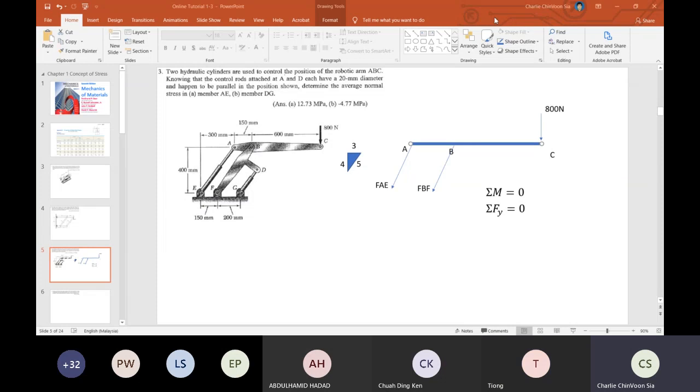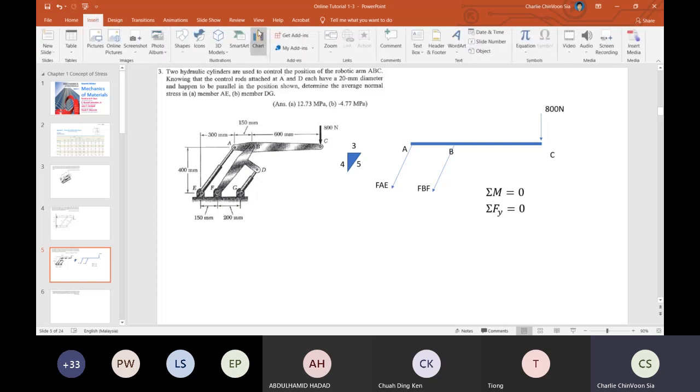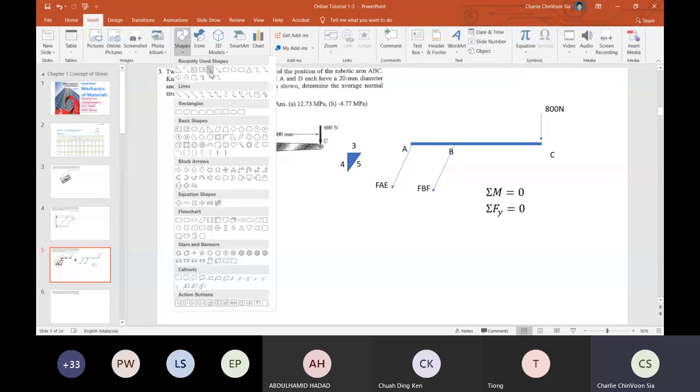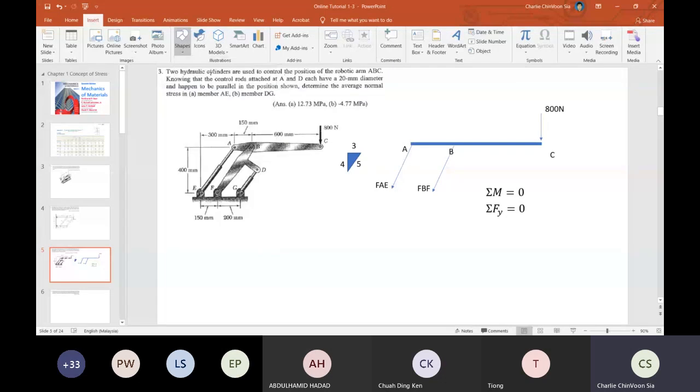It's quite easier because I cannot switch between the presentation slide and the chat area. Let me know if you have any difficulty to determine the force for member DG. I think I just explained how to determine the member for DG.